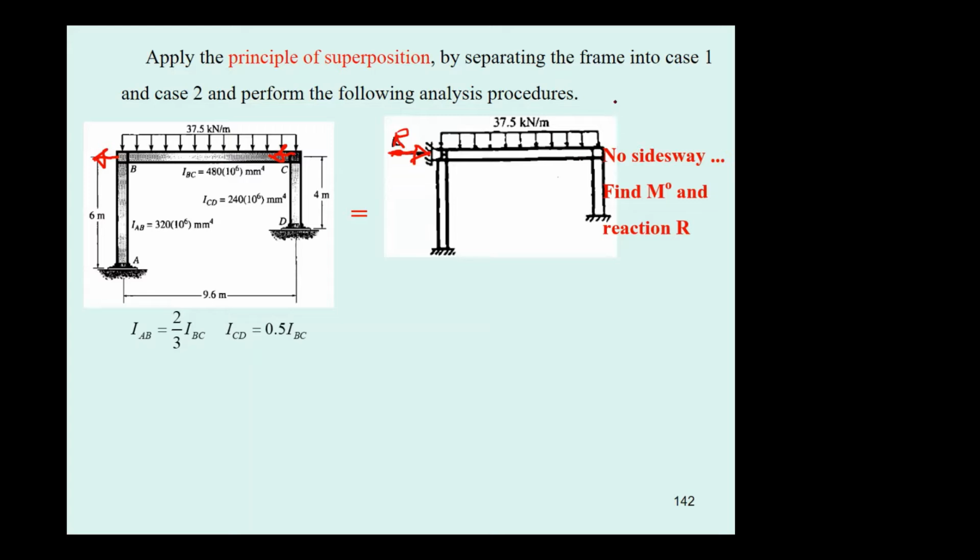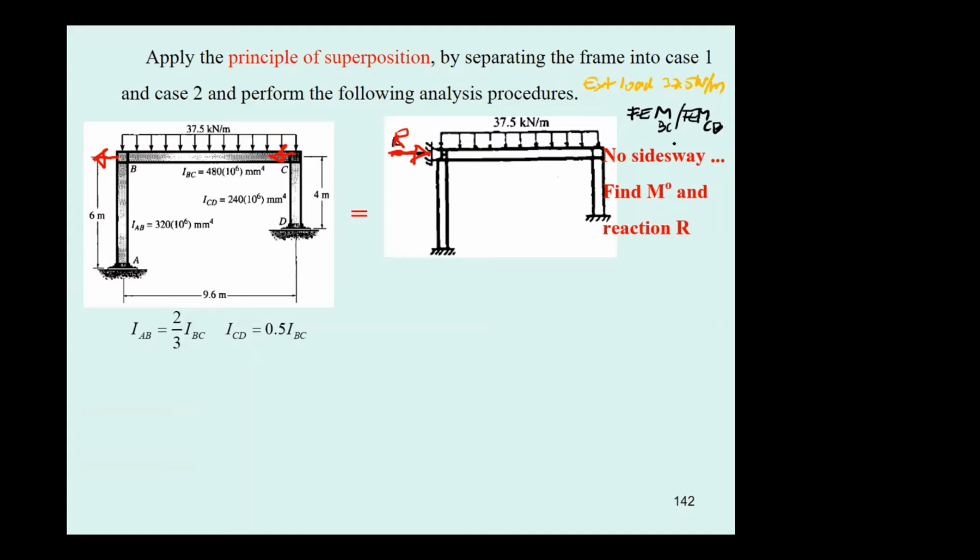Now, the frame is subjected to the external load of 37.5 kilonewton meter. This external load will produce fixed end moments in member BC, so it has fixed end moment BC and also fixed end moment CB.